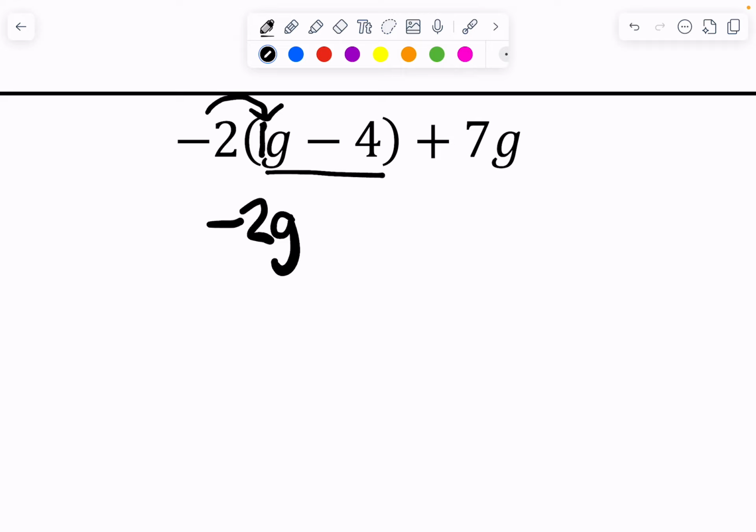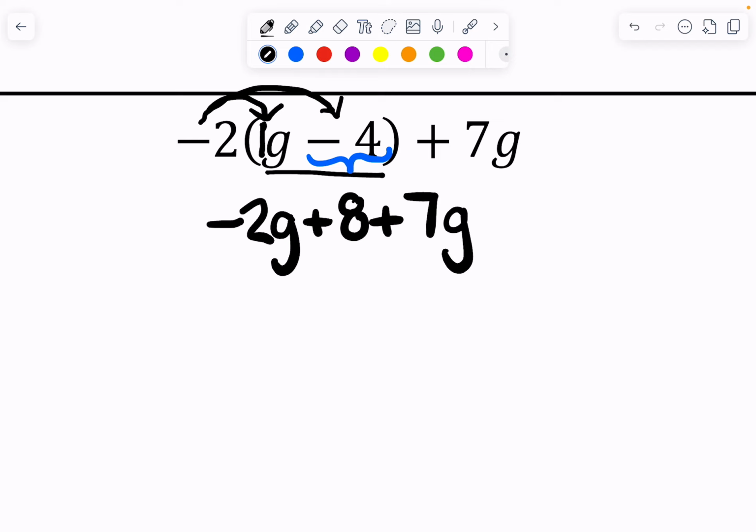And then this is important to pay attention to: here I have negative 2 times, when I look at that 4, that subtraction sign makes that a negative 4. So remember, you're looking at those subtraction signs as making that term negative. So a negative 2 times a negative 4 actually gives me a positive 8, so I can write that as plus 8. And now I've distributed, I've cleared my parentheses, and I still have this plus 7g out here.